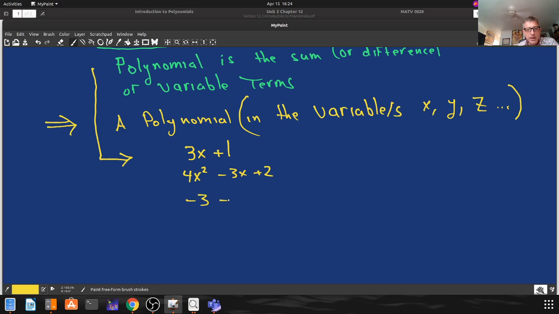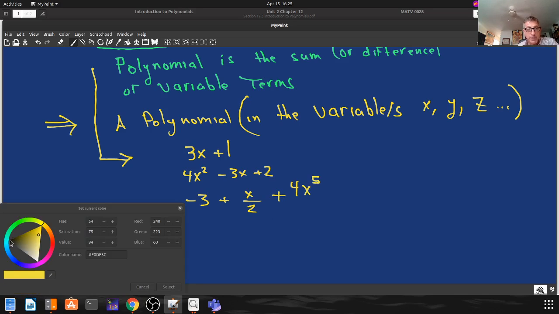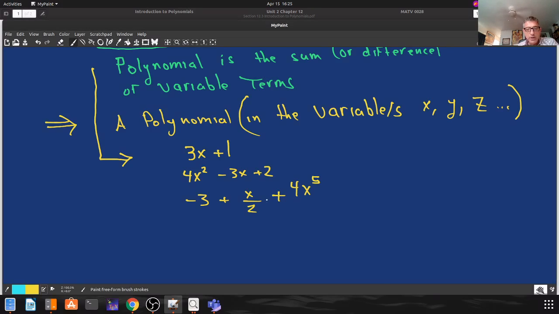Minus 3 plus x halves plus 4x to the fifth. This is also a polynomial. You might be bothered about this term, but recall, x halves is just shorthand for 1/2 times x.